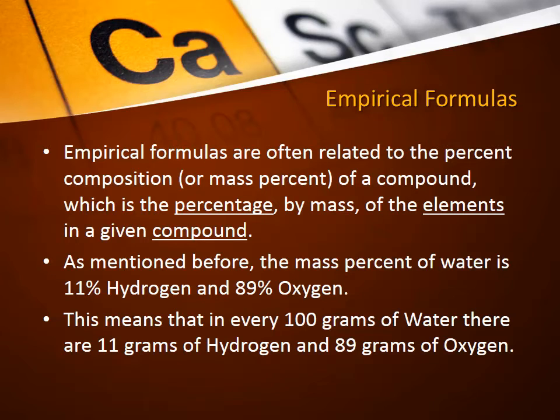That means that in every 100 grams of water, that percent sign means per cent, cent being the prefix for 100, so per 100 grams of water, we have 11 grams of hydrogen and 89 grams of oxygen. This is referred to as the percent composition of water.